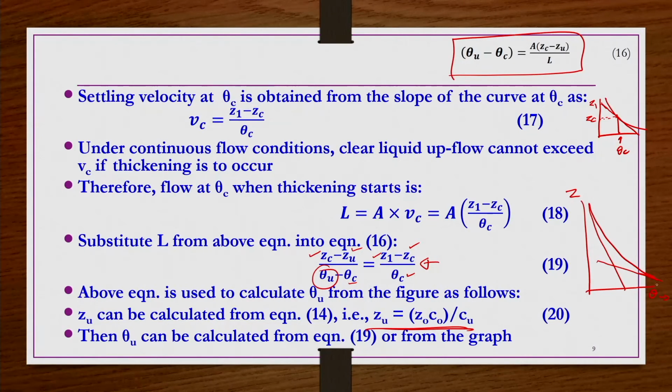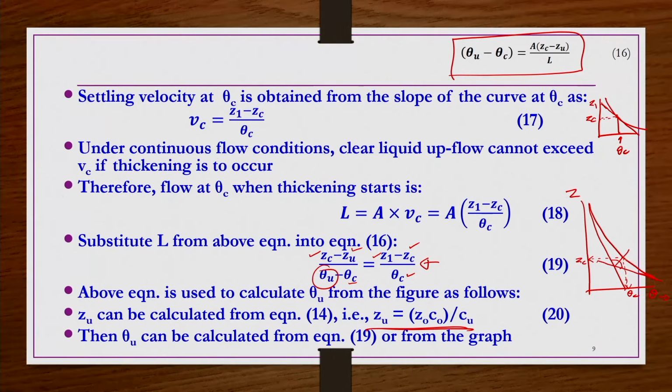At the Z naught point and the final data point we draw the tangent lines, and they intersect each other at some point. That intersect angle, you bisect it, and extend the bisector line like this, and it will be intersecting this Z versus theta curve at a certain point. That point corresponds to theta c, and the corresponding interface height is Zc.